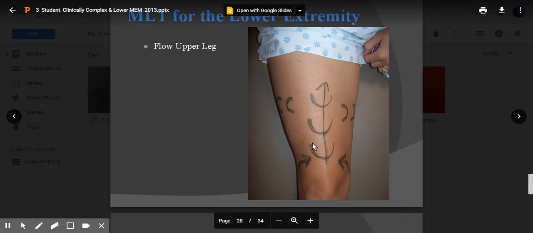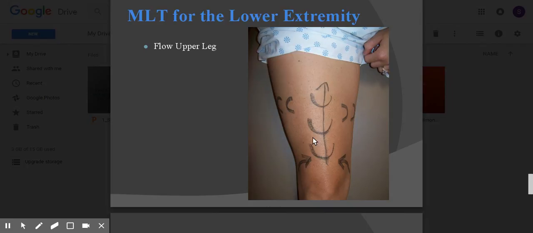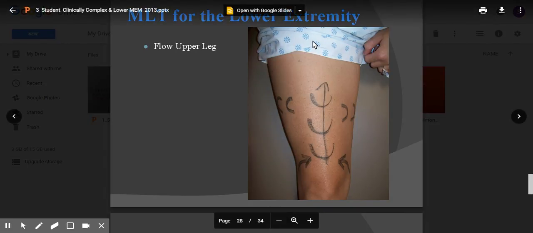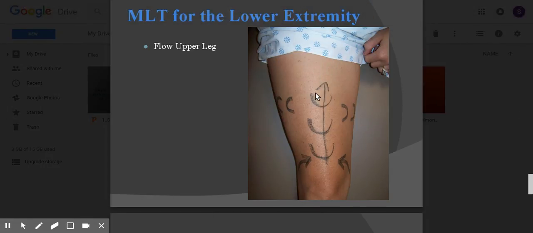The next segment is the upper leg. And so we are going to start proximally, and we are going to do our clearing. And now we're going to flow.